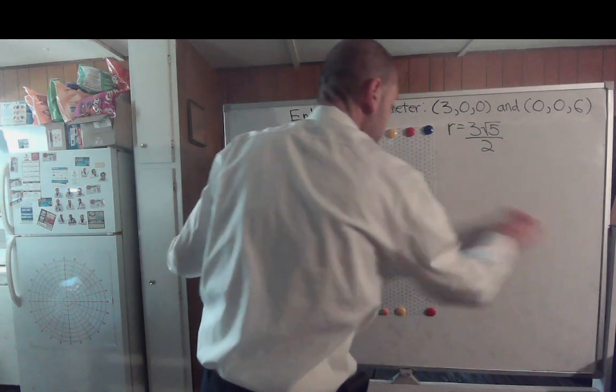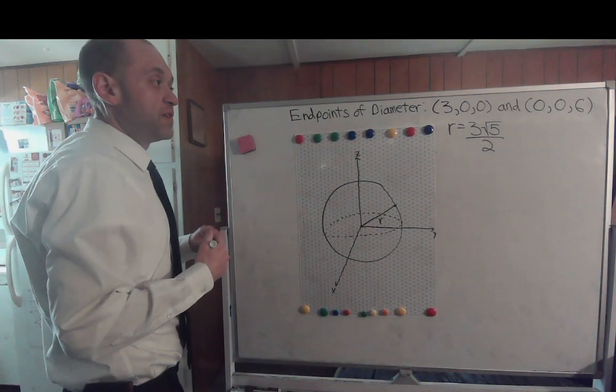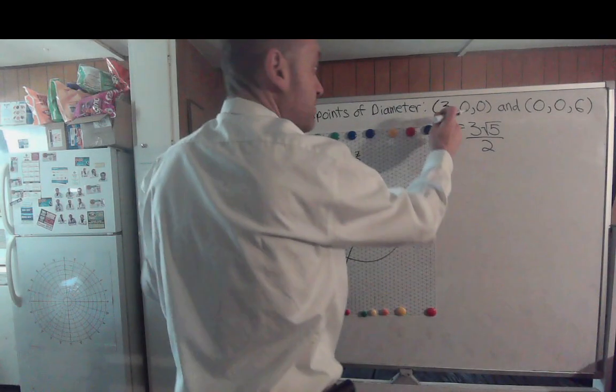That means the center has to lie halfway on the diameter. So to find the center, we need to take the midpoint of these 2 points.